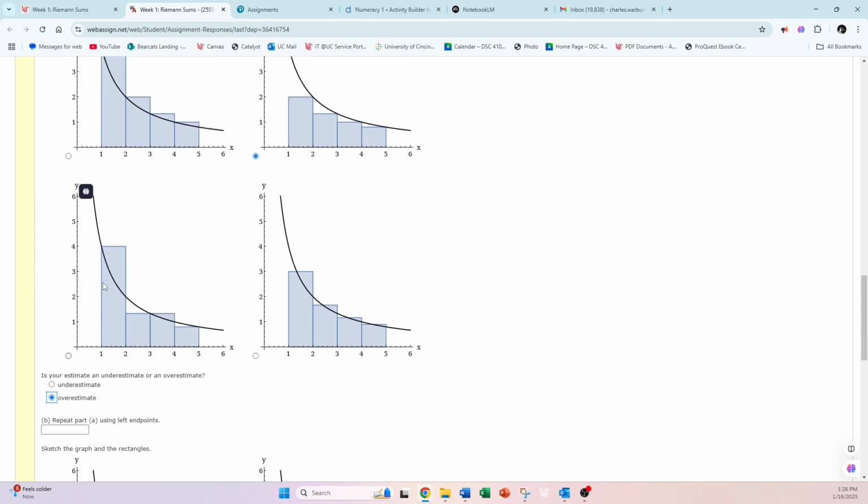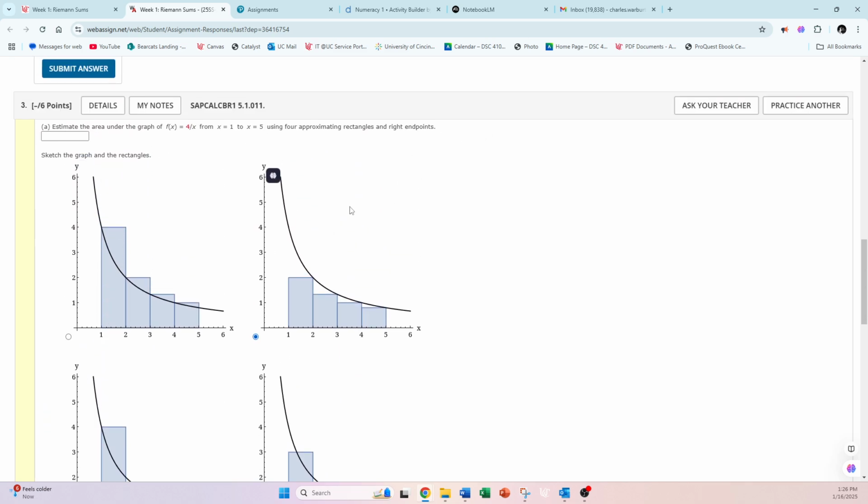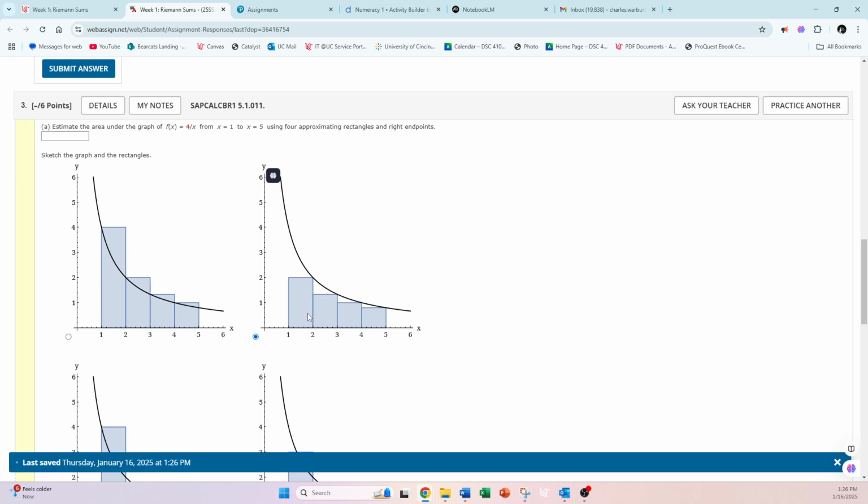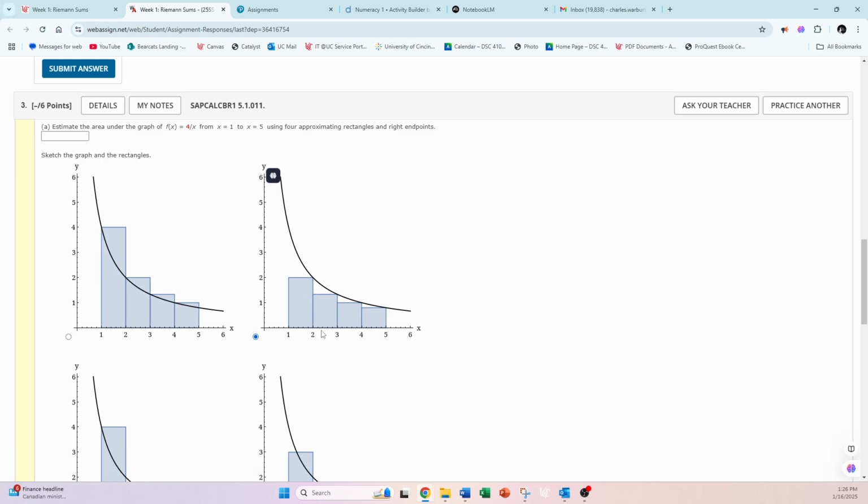Okay, and how do we actually estimate that area is we're going to understand that the width of each one of these is 1, so it's going to be 1 times what? Well, let's see how tall it is. It goes up on the right side of the rectangle, and so what's the y value that corresponds to 2?